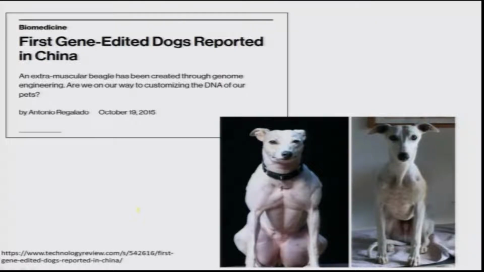A group in China, what they have done is they have taken a normal breed of dog, right, the embryonic stem cells. They edited the gene myostatin in that embryonic stem cell such that they have introduced the mutation, and they made a chimera and they produced a dog which is like the hero now, a muscular dog you can create.